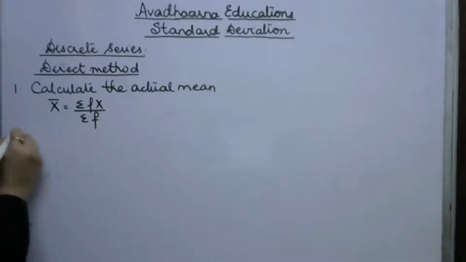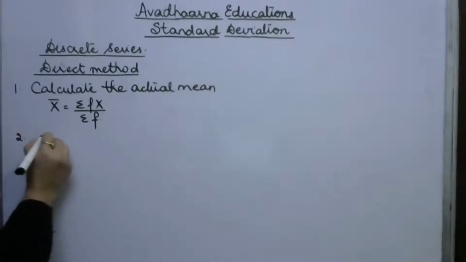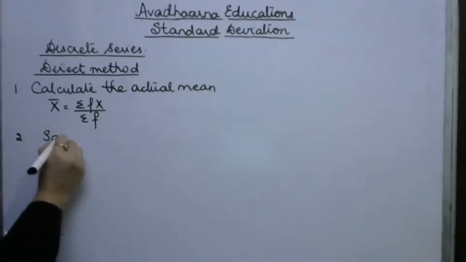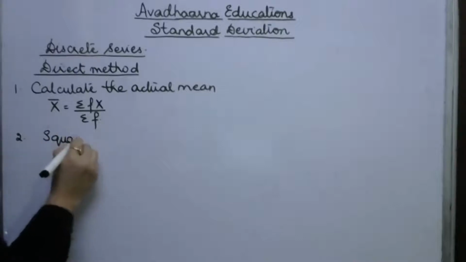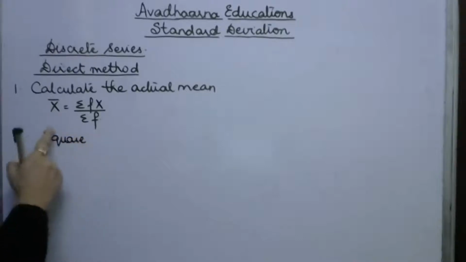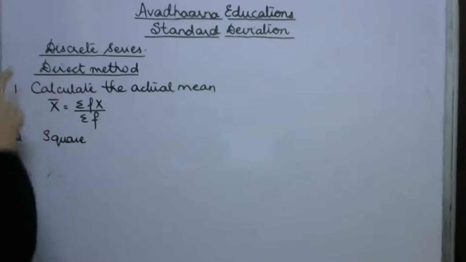Now the second step is we are going to square the observations. We need not calculate the deviations in this method since it's a direct method.